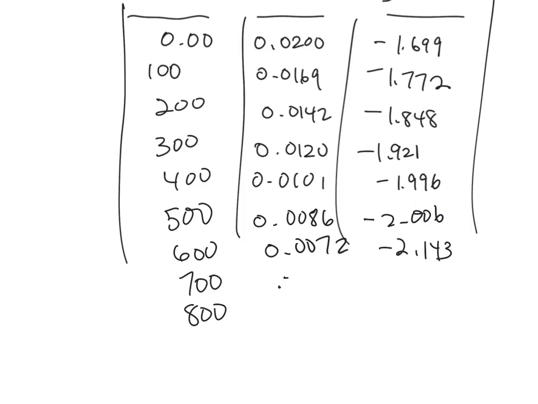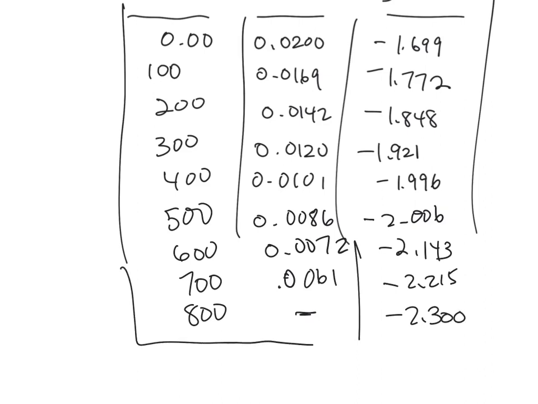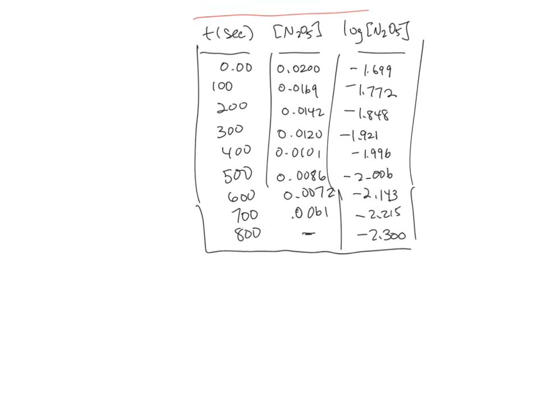Next one was 72600. Okay, and then 0.0061, negative 2.215. I don't have a value for that one, but this is negative 0.23, whatever that is. All right, so there's some data from an experiment. And we can graph it next.